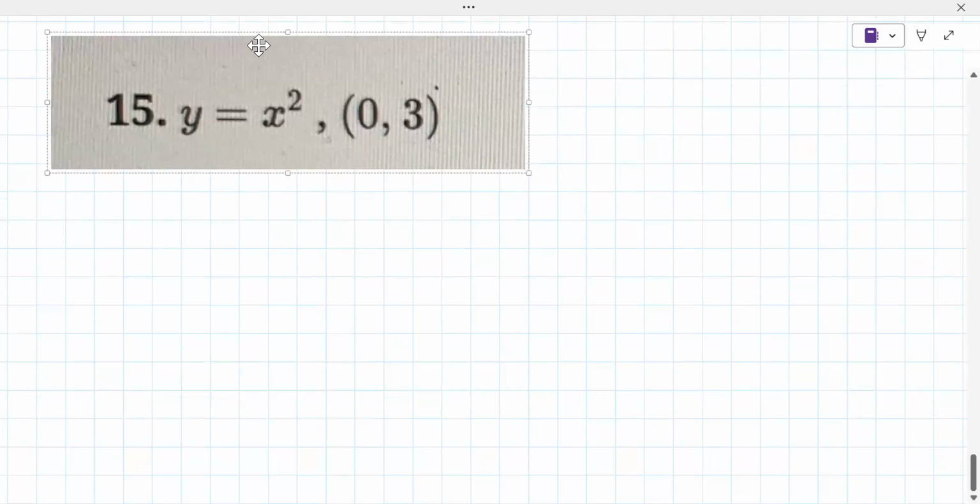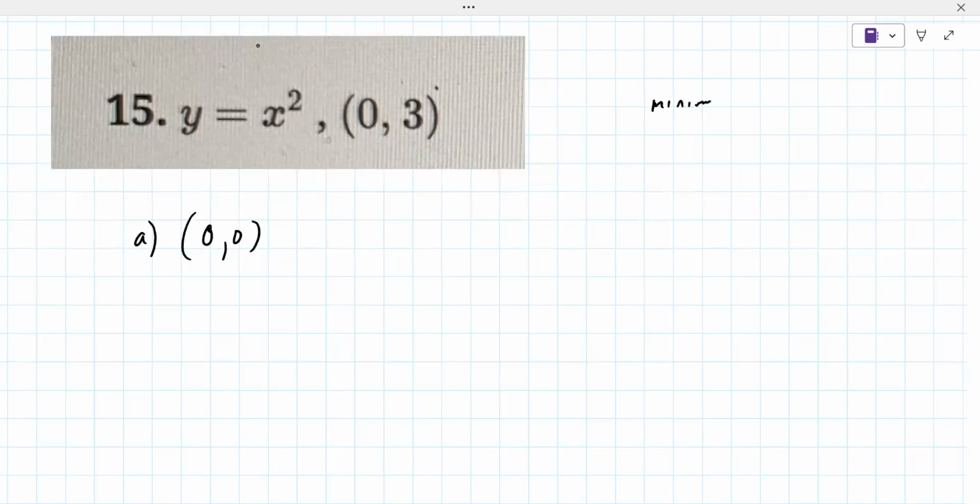I can show you how to do it by hand, but the answer will be a bunch of ordered pairs. Let's just say one of the ordered pairs was 0, 0. Because we're trying to find the minimum distance, it's faster to just calculate the distance between the points using the distance formula.